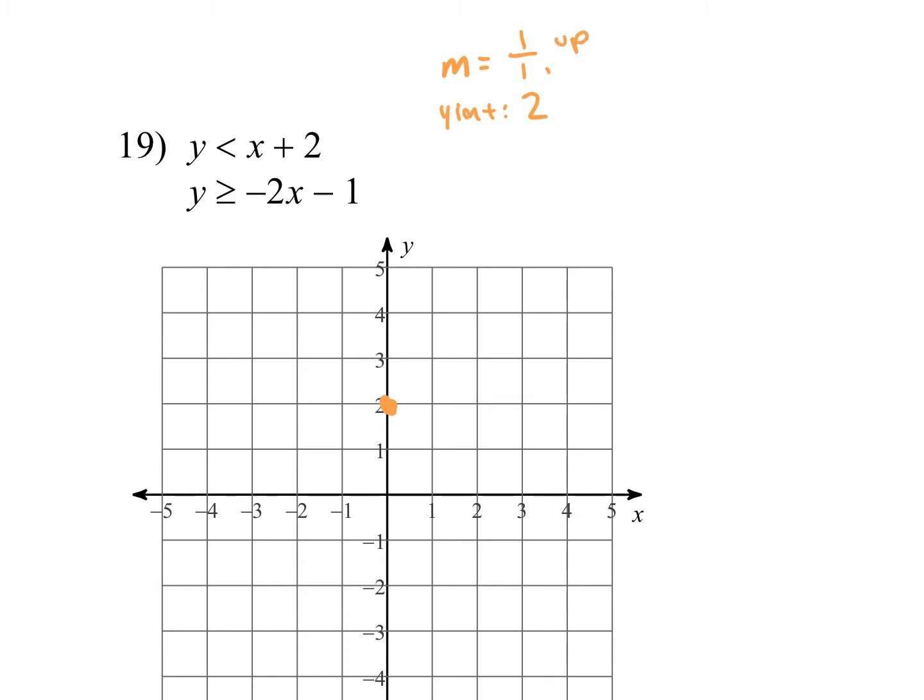So I'm going to go up 1, right 1. Up 1, right 1, up 1, right 1. Do I connect these with a solid line or dotted line? Dotted line. And then what should I do next?